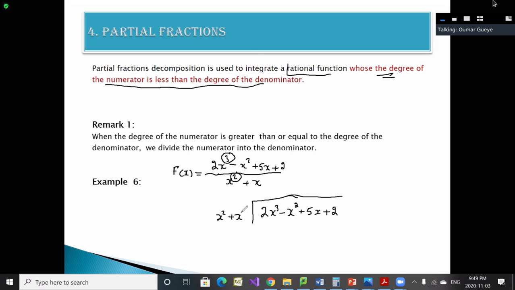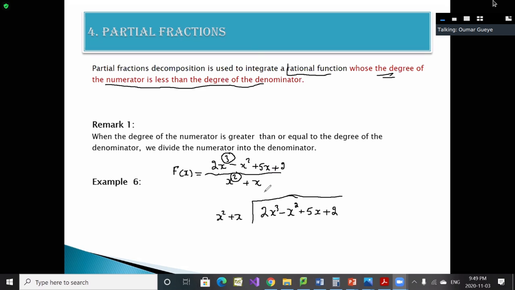Now you ask yourself, which value do I have to multiply with x squared in order to get 2x cubed? What do I have to multiply with x squared to get 2x cubed? 2x, exactly.